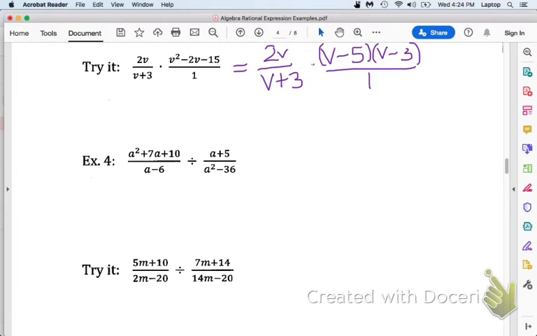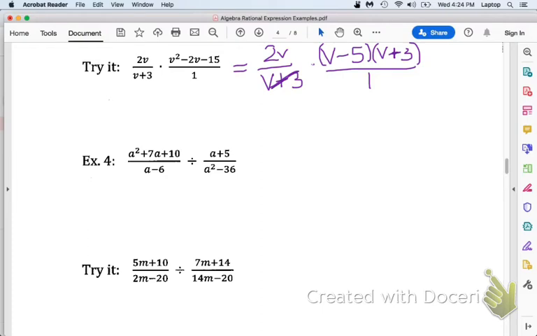Okay, to cross cancel before we go ahead and multiply, I have this expression v plus 3 as a factor, and this one that's v plus 3. Notice that we had to have a negative 5 times a positive 3 to be negative 15, and negative 5 plus 3.